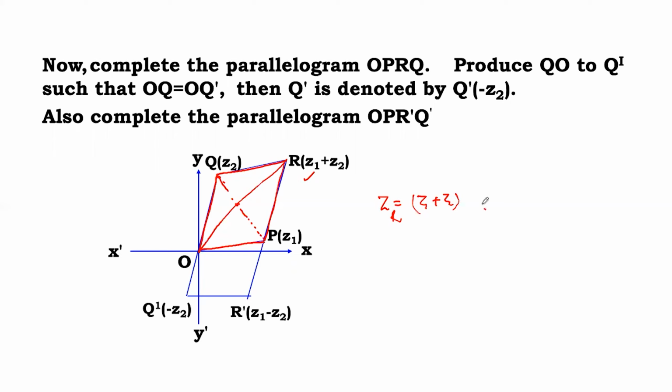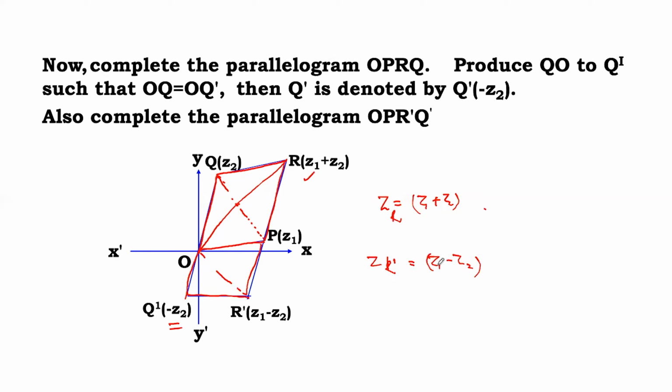What if you have to find the minus sign on this, to subtract this? I have already given this. If this is Q, this will be Q dash, that's minus of Z2. Now we have to frame this parallelogram again, with this line and this line. So again, using the parallelogram midpoint, this R prime will be Z1 minus Z2.